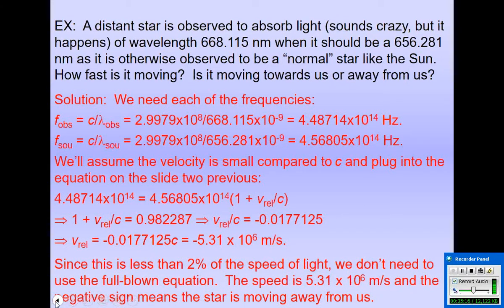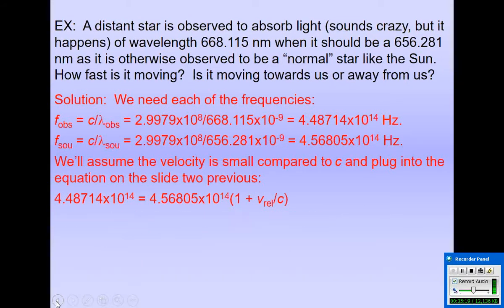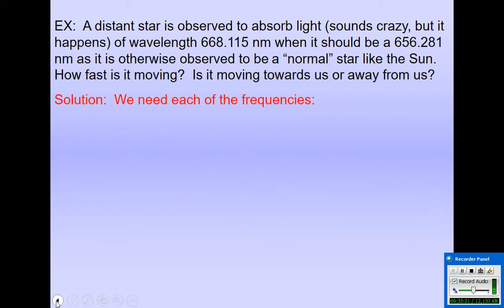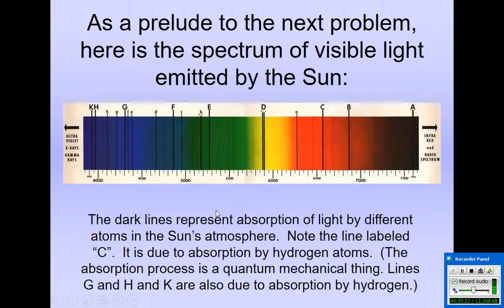This gives rise, by the way, to the idea of red-shifted light and blue-shifted light. If the star is moving away from you, we see that the wavelength gets longer. And if the wavelength gets longer, then things tend towards the red side of the electromagnetic spectrum, and we say it's red-shifted.